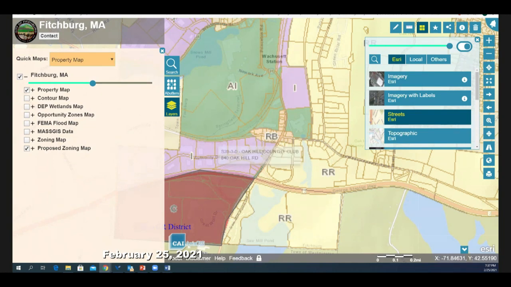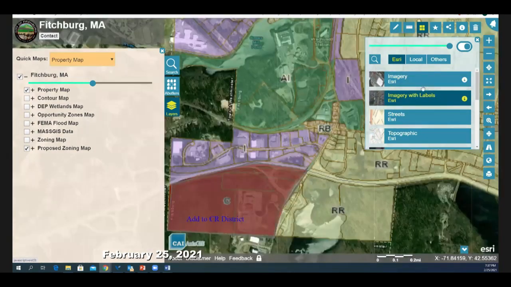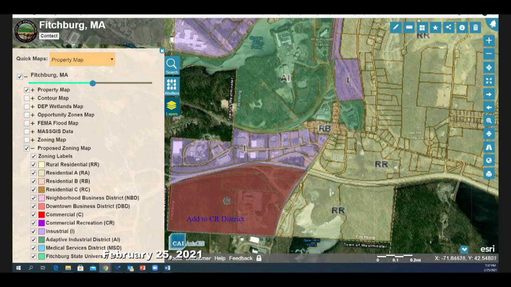I was going to proceed like this unless I was told otherwise. I'm looking at satellite on my computer, so either way. Does anyone else have a preference? Either way. Okay, we'll go to imagery with labels then, which I think will still include some of the street names. And we can always toggle back and forth. It doesn't have to be one or the other. And I'll keep the legend up here for us to take a look at.